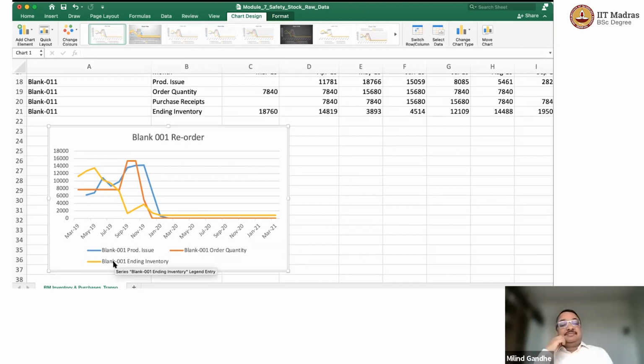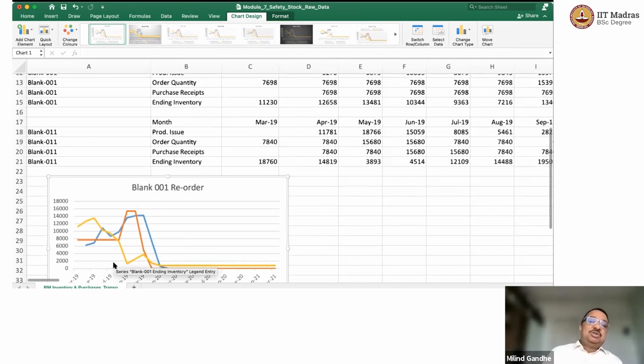Notice that? Correct. So there's an inverse relationship between ending inventory and order quantity. And there is also a positive relationship between production issue and order quantity, which also makes sense.